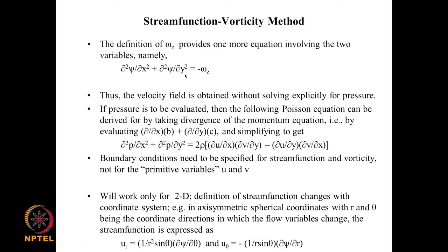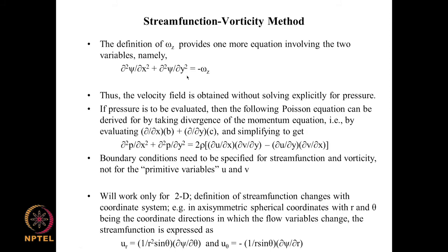So, we can solve these together and get a solution for psi and omega z, obtained from discretization, where we write finite difference approximations for each term and so on. And so using the regular CFD procedure, we get psi ij and omega z ij.